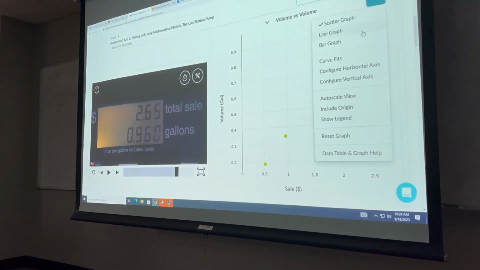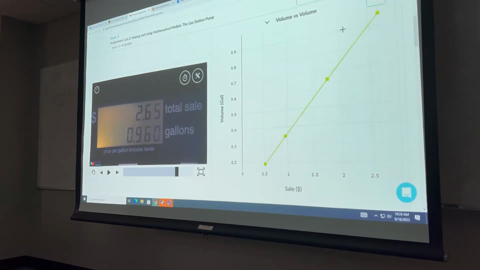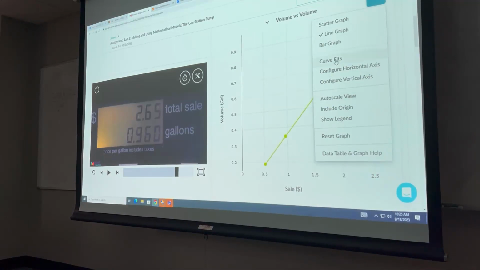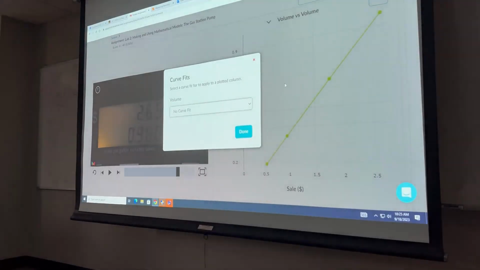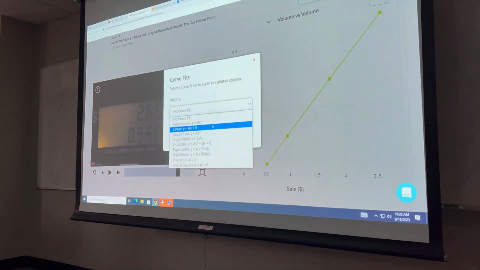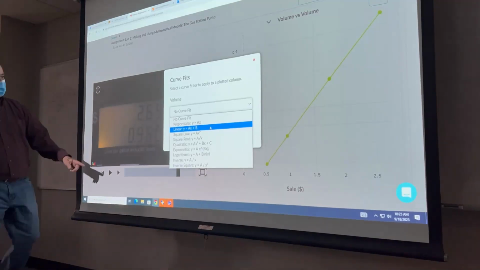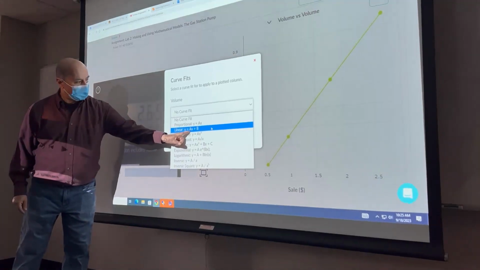Now, if we analyze these, we can actually do something called a curve fit. We can actually change this into a line graph. We can actually do a little bit more math here. So if we select curve fit and we go to this one, this is a typical model of what you may remember from math called the equation of the straight line, where this value of A is called the slope.